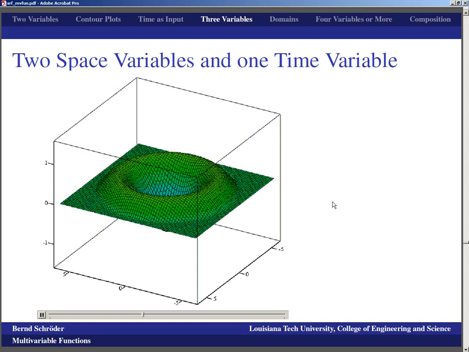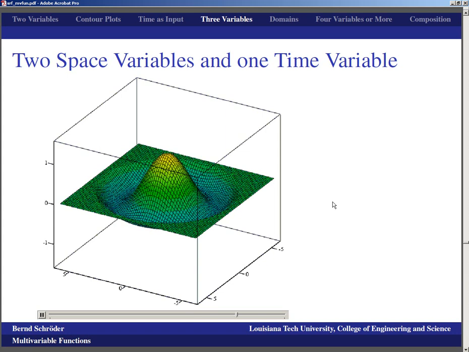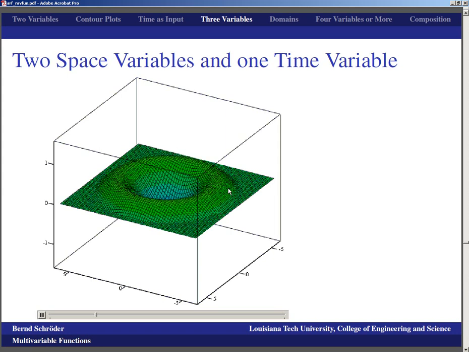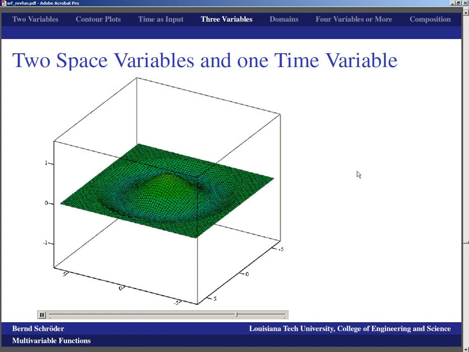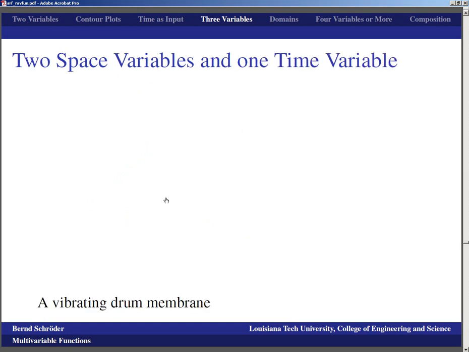And so you basically get a movie where you show a two-dimensional surface, but that is already embedded into three-dimensional space, because what we're showing here is a surface plot as it develops over time. So basically for any function where we've got a time variable involved, we have a movie.